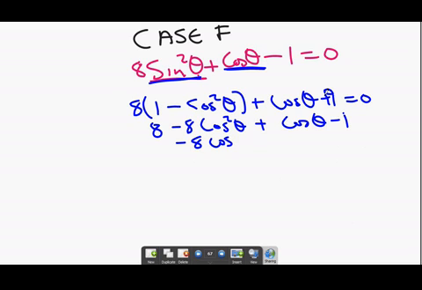Let me just put a plus there so that it can work out very well. So we're now going to say that's 8 cos squared theta plus cos theta plus 9 is equal to 0.